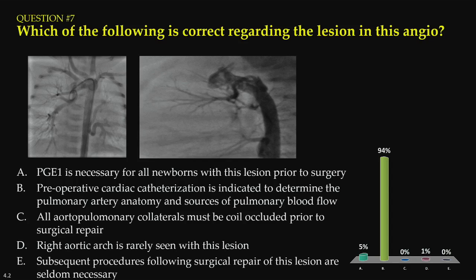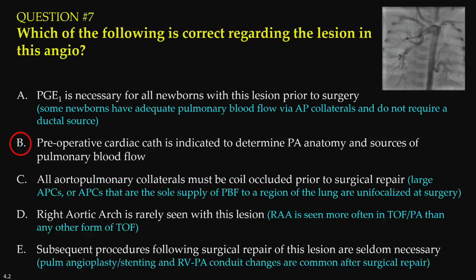So you chose B, preoperative catheterization, and that's exactly right. The typical way of treating these patients is first to identify all of the sources of pulmonary blood flow and make sure we understand those before proceeding. In terms of the incorrect answers, prostaglandins: you may know from your clinical experience that some of these patients have so many aortopulmonary collaterals, they really don't need the ductus, and some don't even have a ductus providing additional pulmonary blood flow.